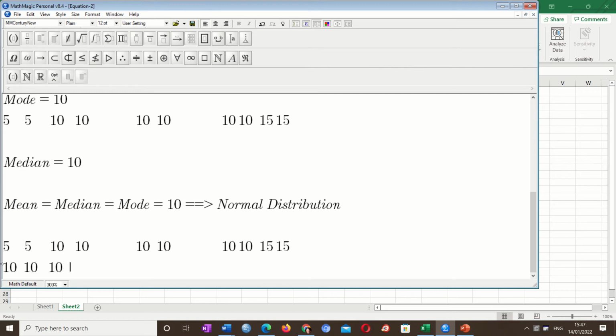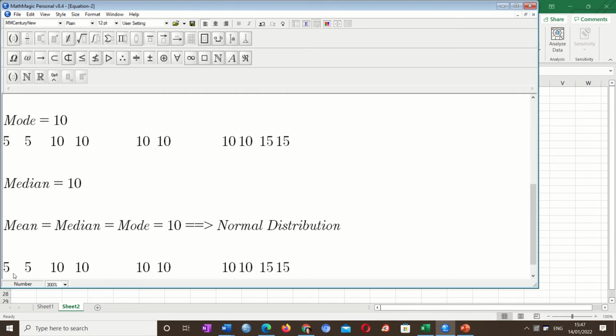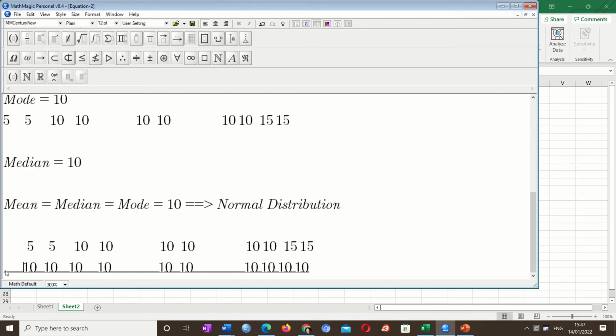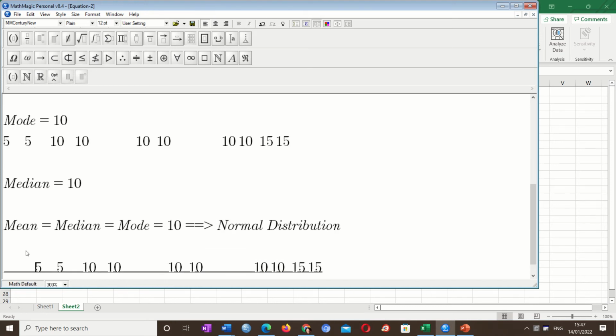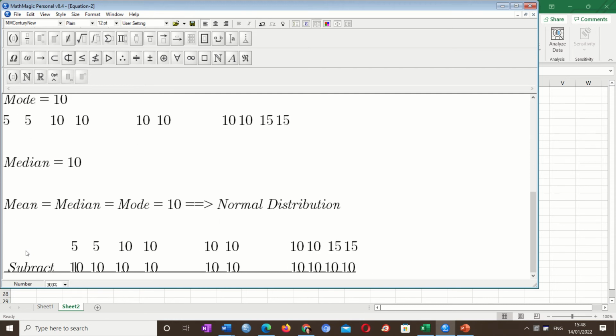I have to subtract 10 from each of these numbers: 10 from this one, 10 from this one, and so on. So in my distribution, I'm going to subtract 10, the mean, from each of these.